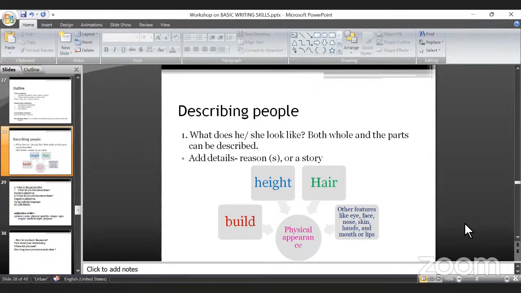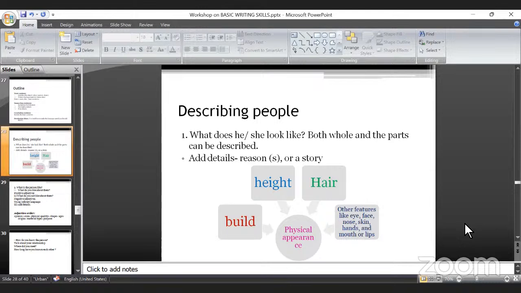You can talk about both the whole and the parts, that is, you can talk about the whole of it, or you can even take a part of the whole and then describe it. So that's not a problem. Add details, it could include either a reason or a story, but even within a reason or a story, you can add details using descriptive words. When you talk about people, look at the diagrammatic representation there. Mostly you're going to talk about physical appearance, right?